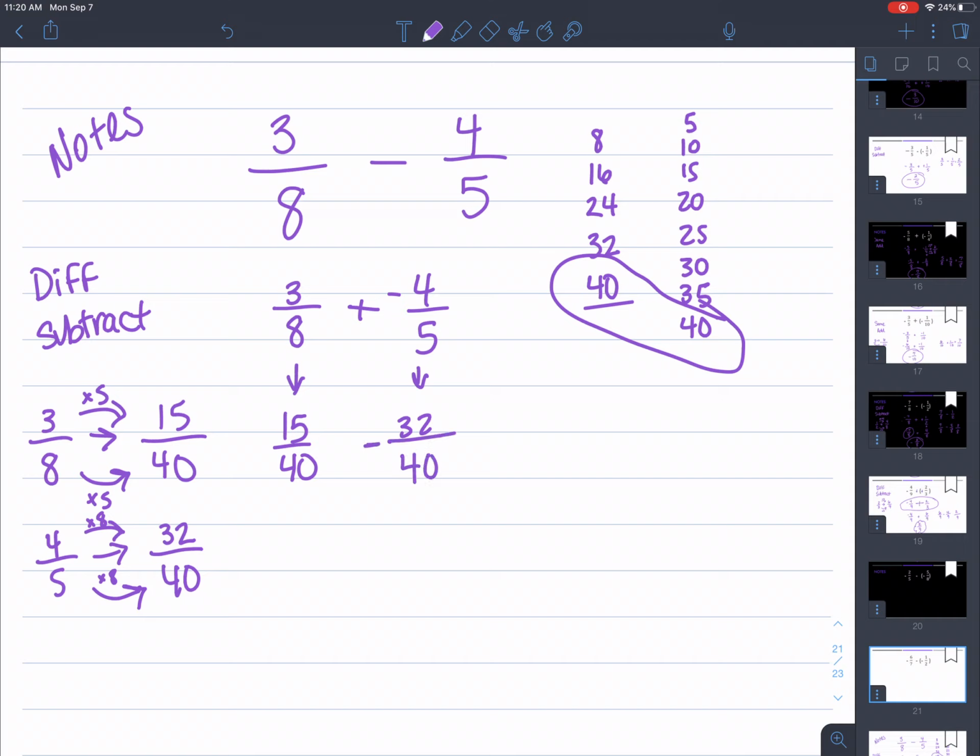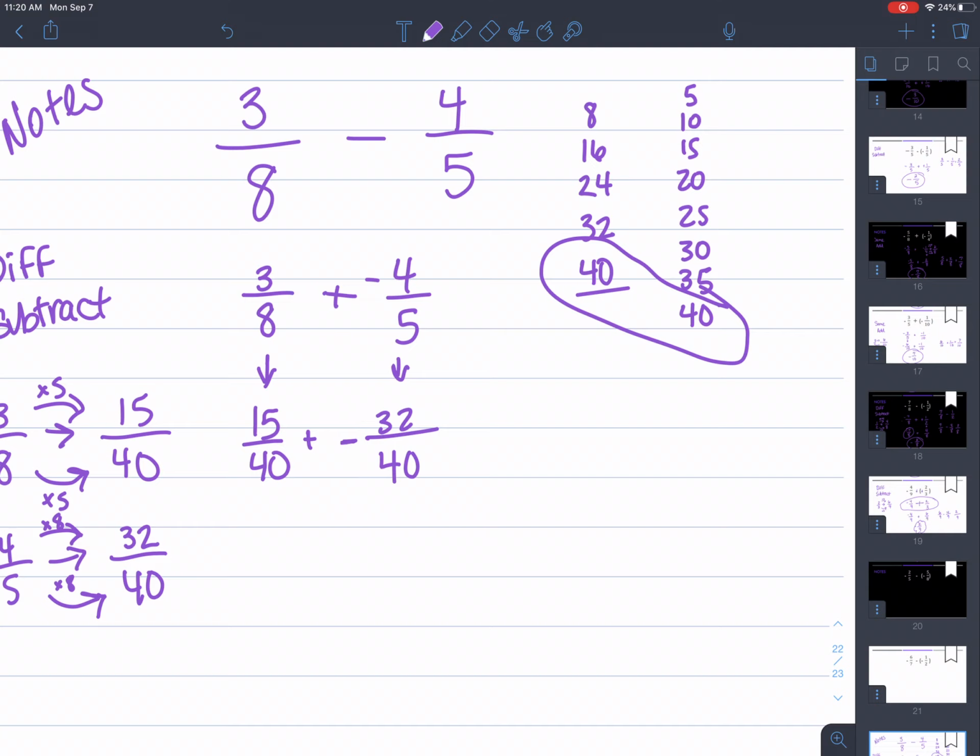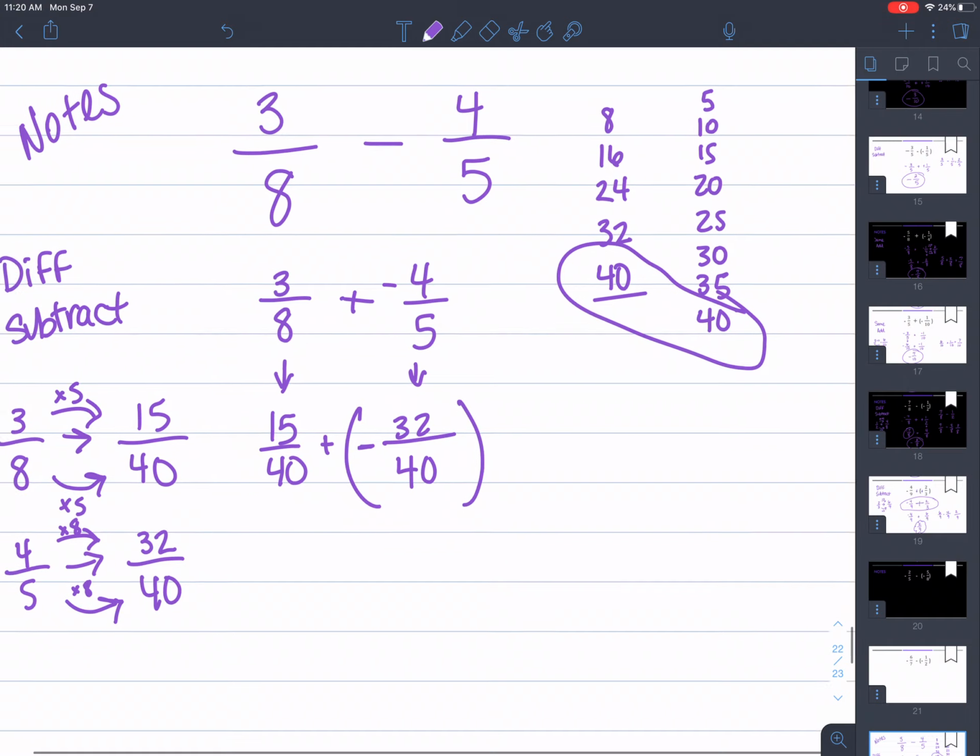And that is a negative. Do not forget that it is a negative 32/40ths, okay? You can put those parentheses in if it helps you keep all of that neater. Those are messy, let me fix it. Now we're finally able to subtract these, which is what we said.